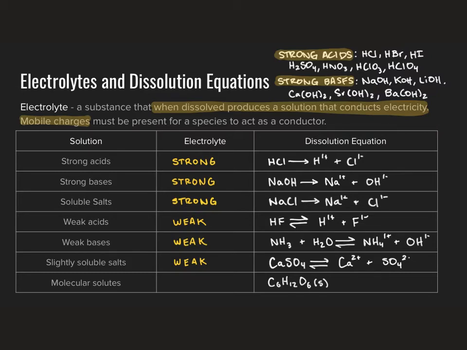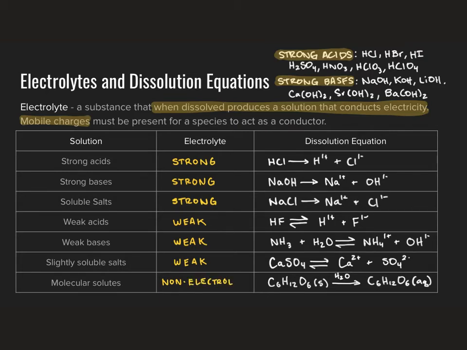All I need to show here is that those glucose molecules are starting off in solid phase, and then in the presence of water as they dissolve, they're going to enter into the aqueous phase. So because we see no dissociation into oppositely charged ions, there are no net charges on these molecules, we expect that this would be what we refer to as a non-electrolyte. That is a solution which does not conduct electrical current.